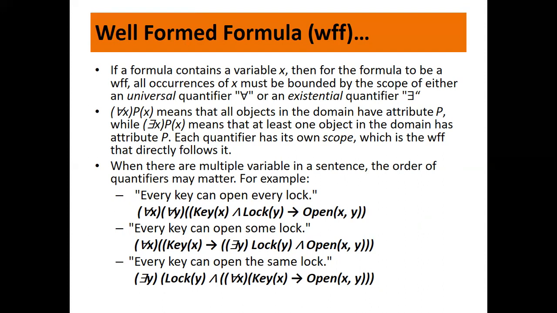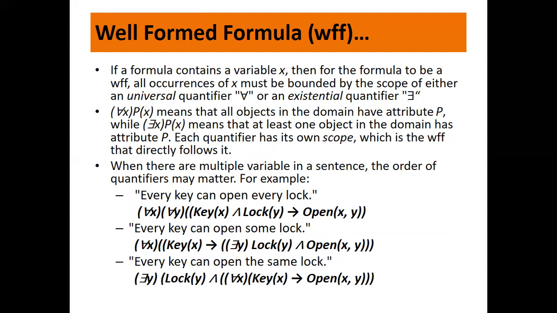Remember, I read it again: that means these are the bounded variables. Now, for all x, P(x) means that all objects in the domain have attribute P, while there exists x, P(x) means that at least one object in the domain has the attribute P. Each quantifier has its own scope, which is the WFF that directly follows it.